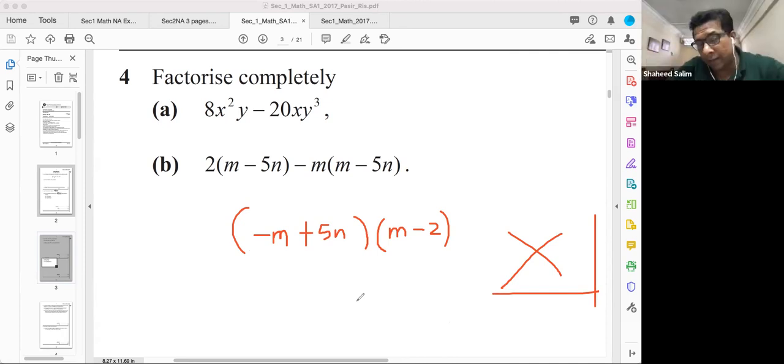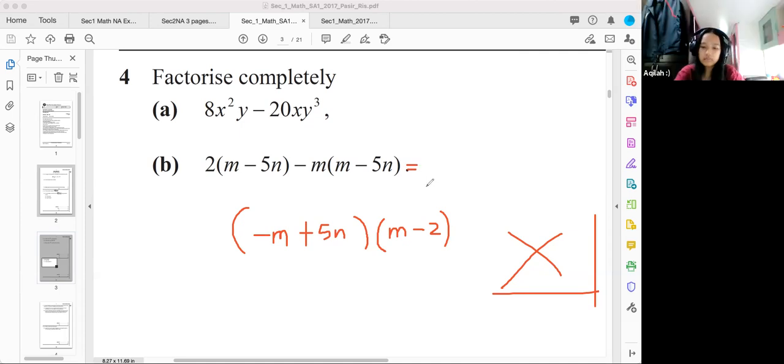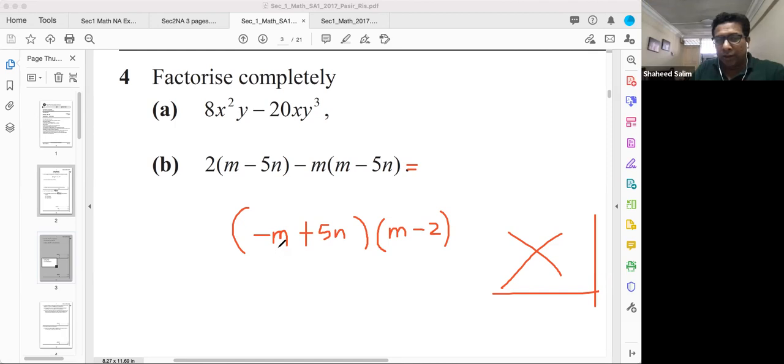Okay, let us try. Your answer may be correct, because you have flipped that and you have flipped this. I will show you an easier way in a moment, but let us see whether your answer is correct. You times this, you get negative m squared. This times this, you get plus 2m. This times this, you get 5mn.